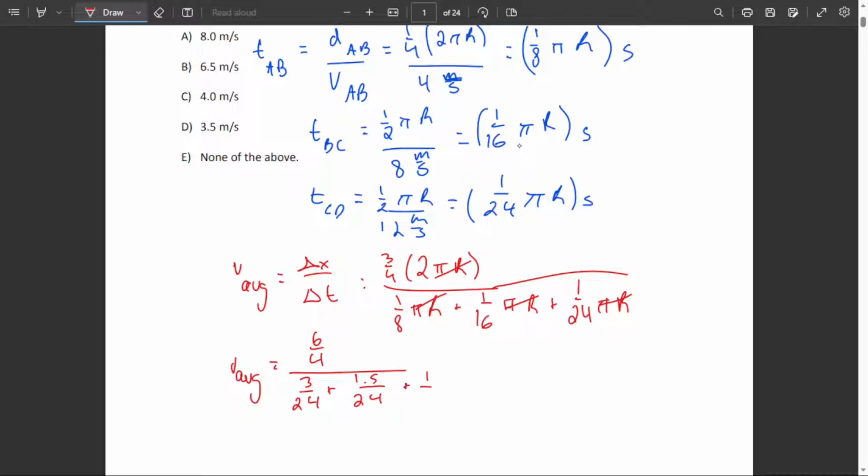This is gross, I know. So on the bottom we get 5.5. So then if we reduce this down, we can write this as 6 over 4 over 5.5.